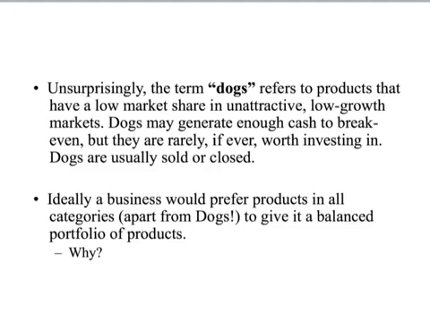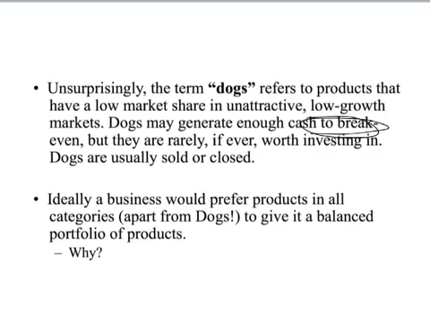Consequently, they don't really have any future in the company. Unless the dog is vital to the range of products offered by the business, it ought to be dropped as quickly as possible. So sometimes we do keep them so we can say that we're in lots of different markets to keep our stakeholders happy, but they're not really making us any money. Usually they break even, but they're not really going to bring in any money.